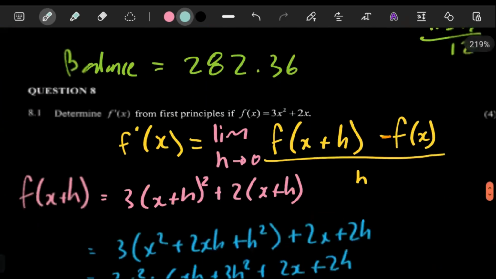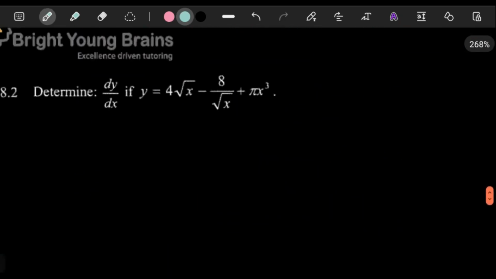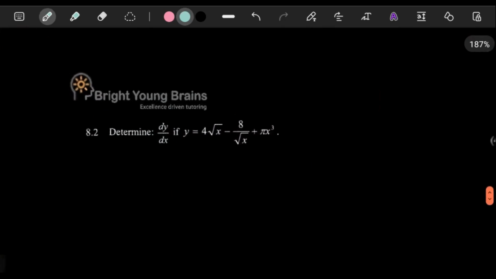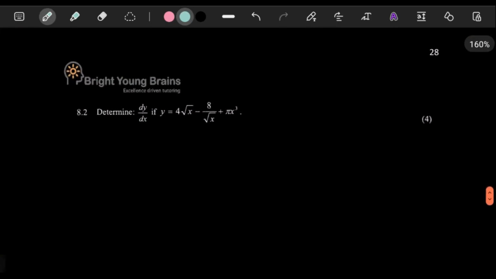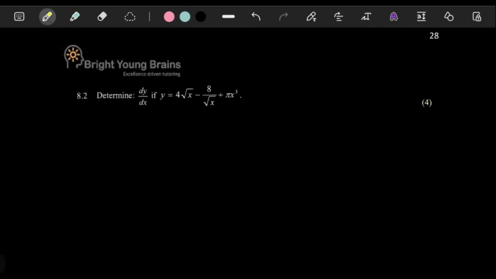Let's move on to the next question, which is 8.2. 8.2 is looking interesting, the way it's looking for 4 marks.